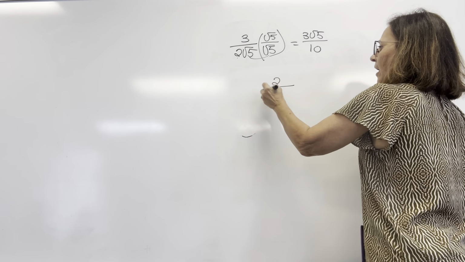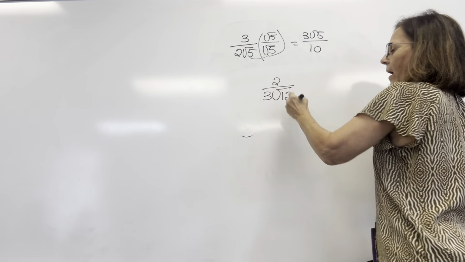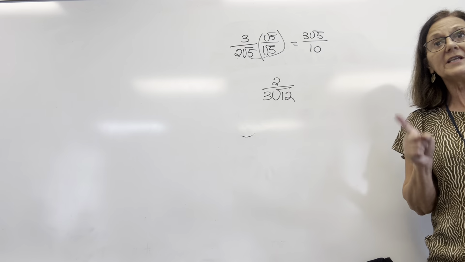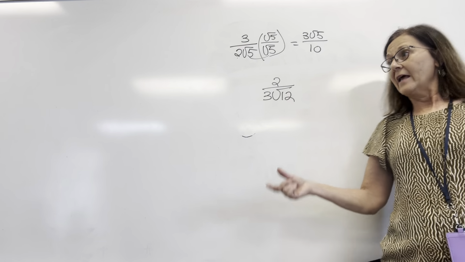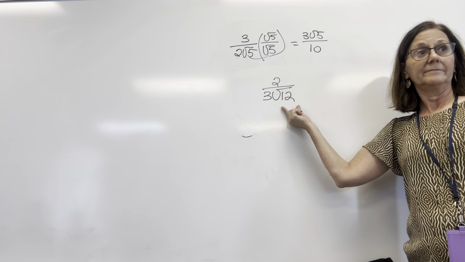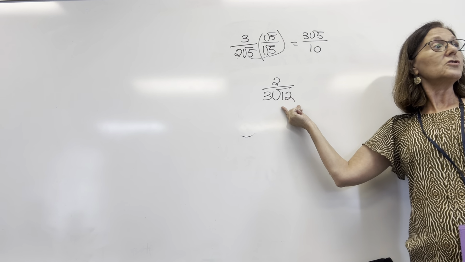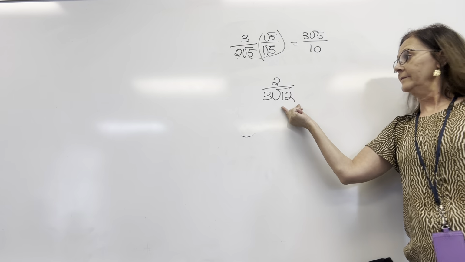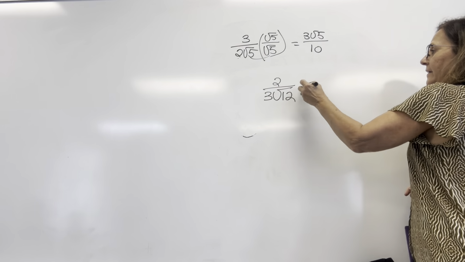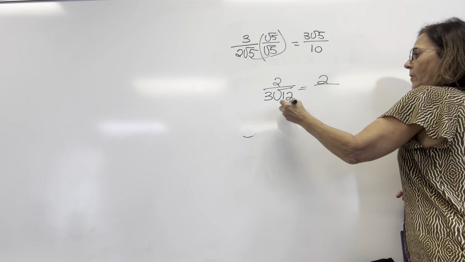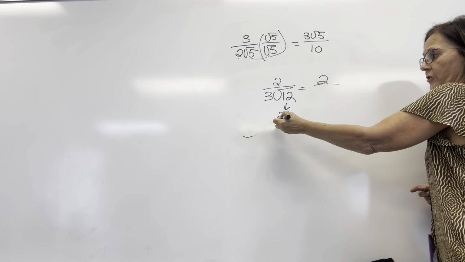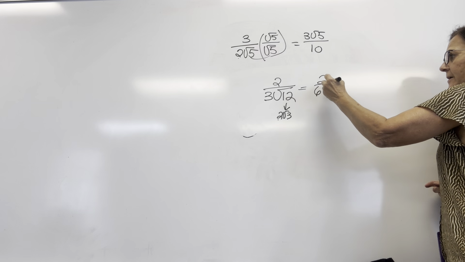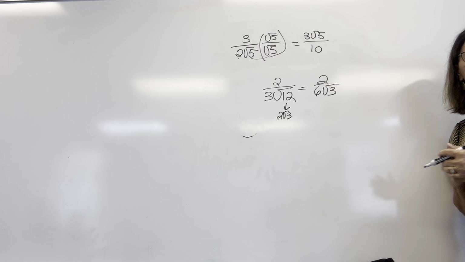But look at example 4. It's 2 over 3 square root of 12. The first thing you should do is simplify your radical. And the square root of 12 is what? 2 square root of 3. So that you end up, since the square root of 12 is 2 square root of 3, it's 3 times 2, which is 6 square root of 3.